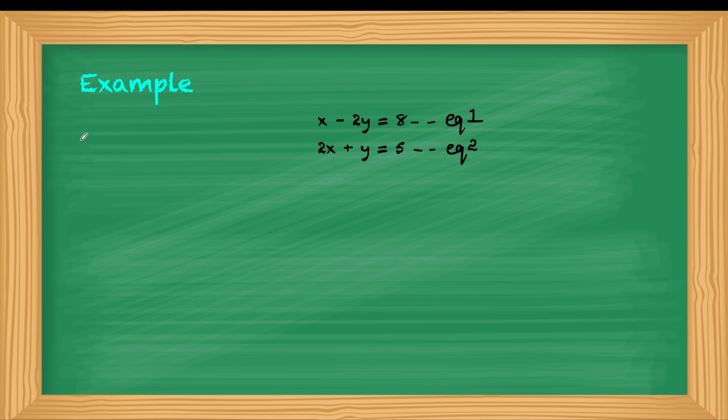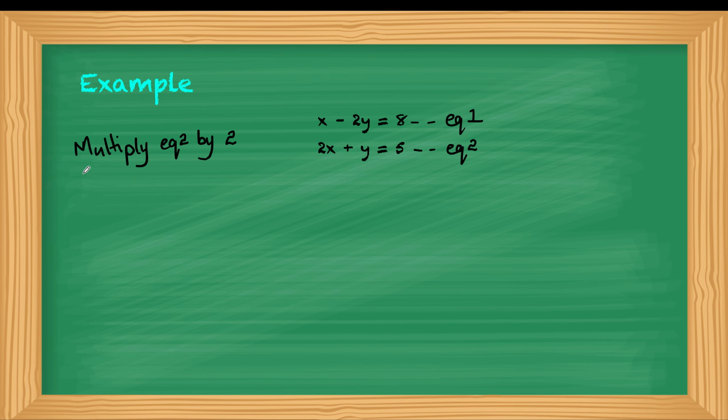So by doing this, we need to multiply. We can multiply equation 2 by 2, so I can have two of them having the same variables as well as coefficients.